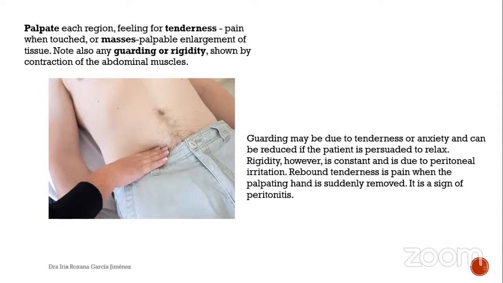Note also any guarding or rigidity, shown by contraction of the abdominal muscles. Guarding may be due to tenderness or anxiety and can be reduced if the patient is persuaded to relax.